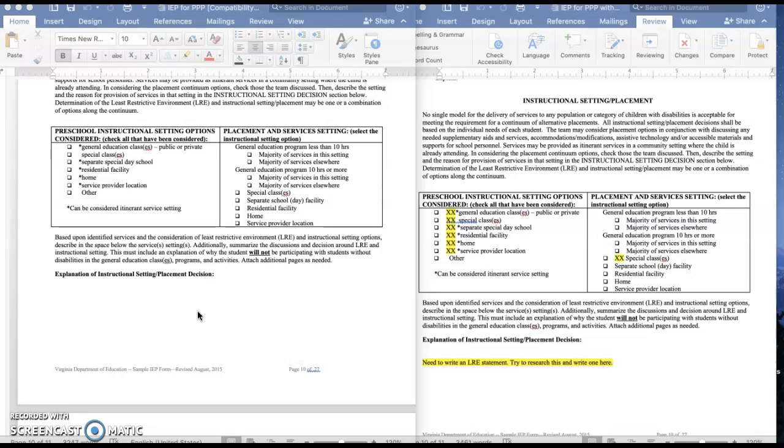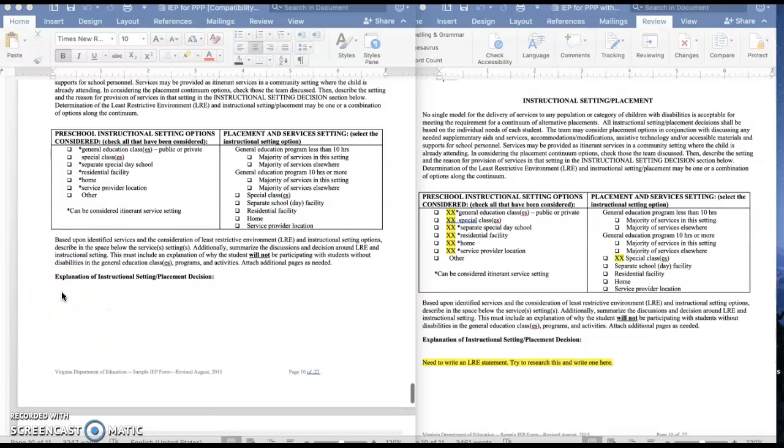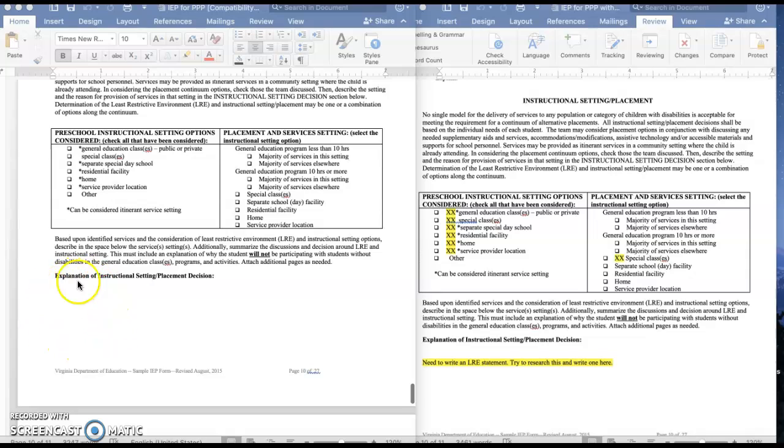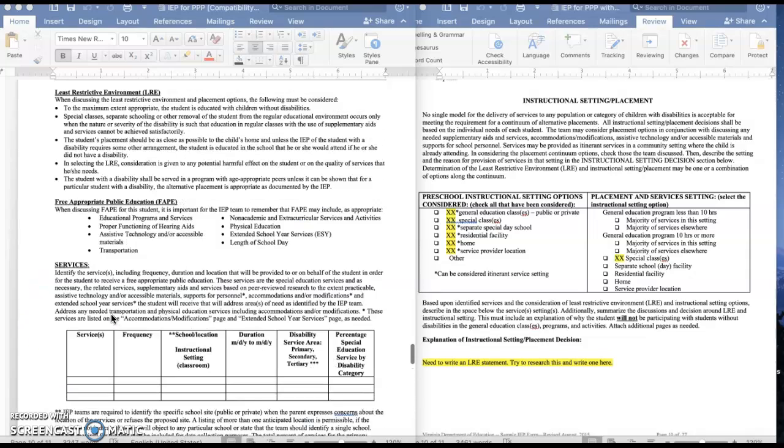For our kiddos in preschool special education, it's usually a self-contained preschool special education classroom. Sometimes they're inclusive, but you have to be specific and put exactly what setting they're going to be in and why it's important. So that can also be known as the LRE statement.